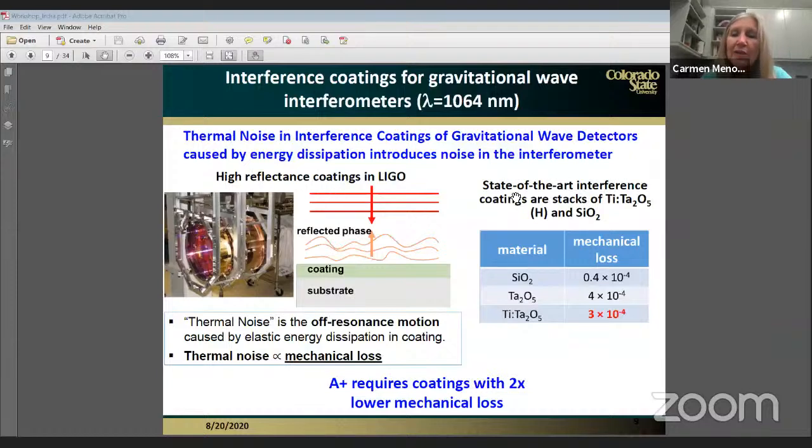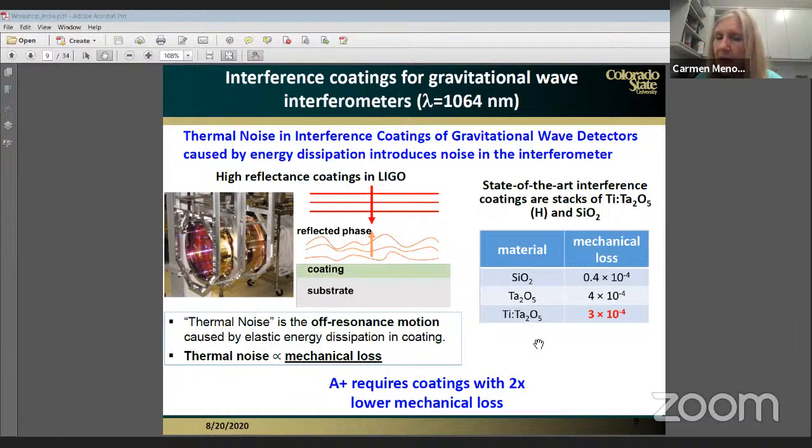Now in LIGO interferometers, the coatings that are used consist of stacks of tantalum pentoxide doped with titanium impurities. The low index material is silicon dioxide. Of these two materials, the one that has the lowest mechanical loss is silica.